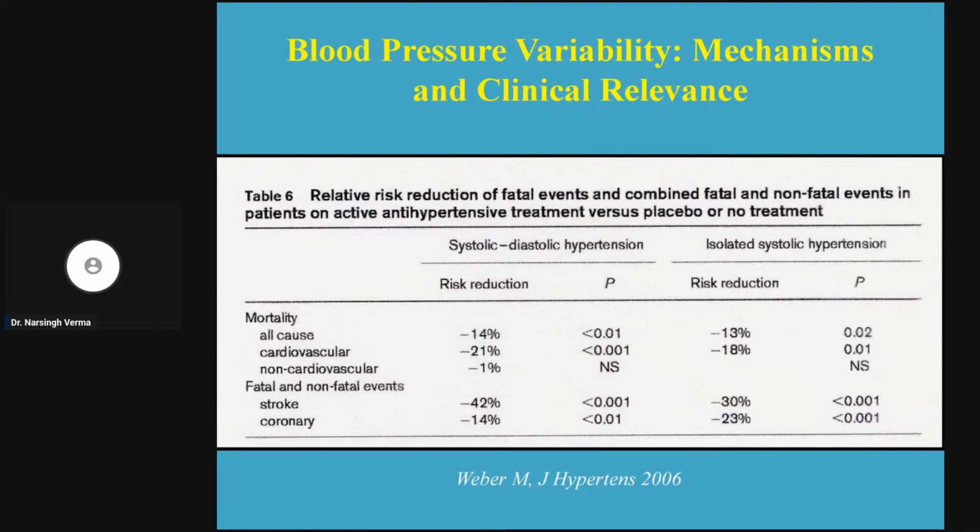This is very important, and we know that both systolic and diastolic blood pressure have an impact on all-cause mortality, cardiovascular mortality, non-cardiovascular mortality, and fatal and non-fatal events. Everywhere, it is important to manage blood pressure.